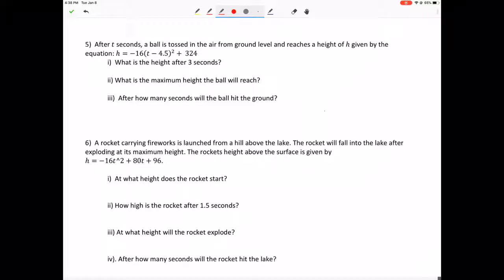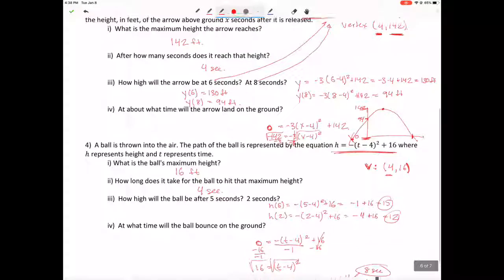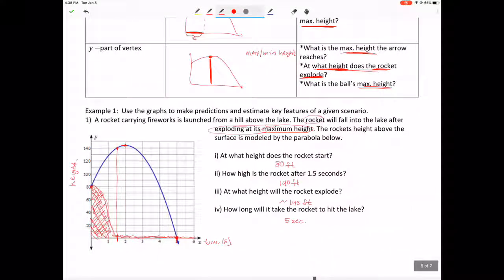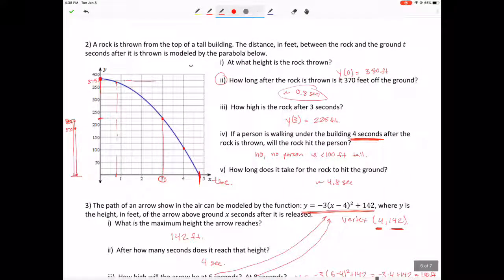Oh boy. Hang on. I'm looking at the wrong one. Sorry, one second. Still have the wrong one. Okay, all right, I am remembering now.